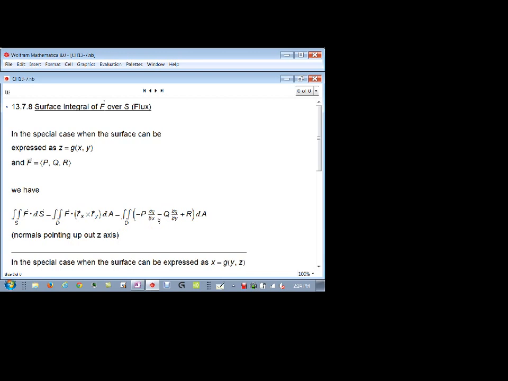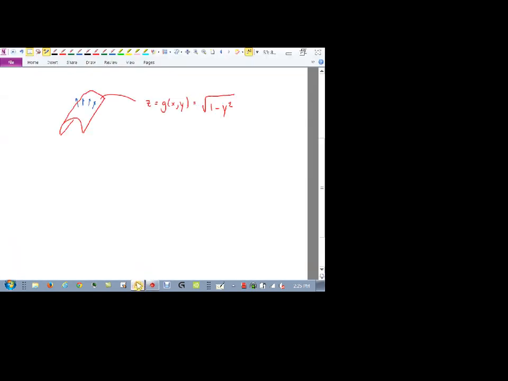So I want the double integral over D of negative P partial g with respect to x, minus Q partial g with respect to y, plus R, dA.